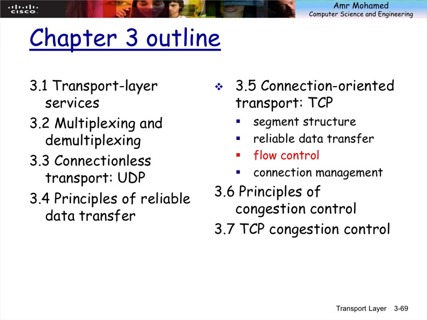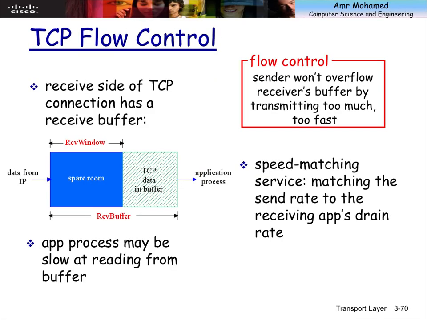Do we have another scenario? Yes, we'll talk about congestion control. When we talk about congestion control, it will be clear. So the receiver side has a buffer, and I'm trying to avoid overwhelming that buffer. So the receiver side is the socket at the receiver, and we have access to the empty part of the buffer.